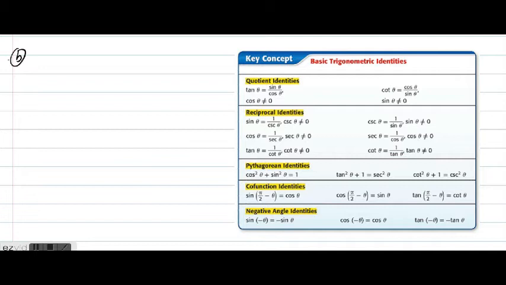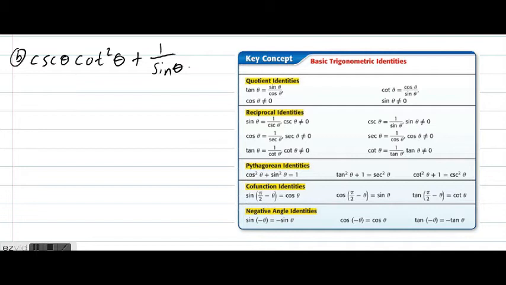Part B. We have cosecant of theta times cotangent squared of theta plus 1 over sine of theta. Most times you're really not going to know where to start, but you just try something.